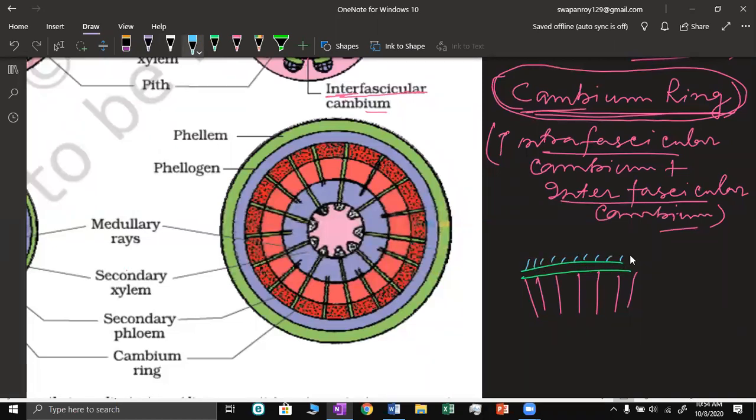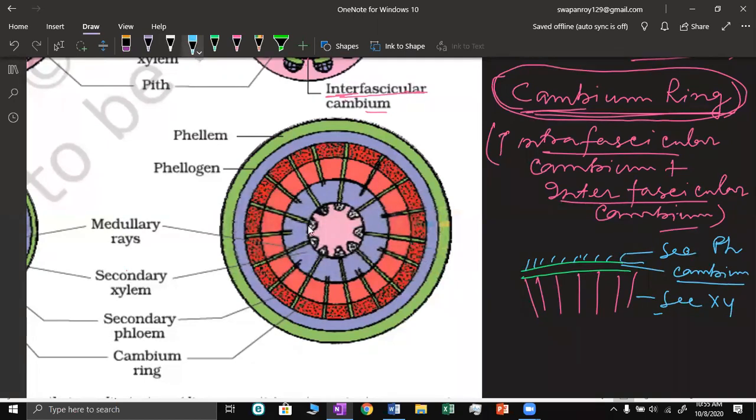Secondary xylem is produced on the inner side, and secondary phloem on the outer side, and this is the cambium.